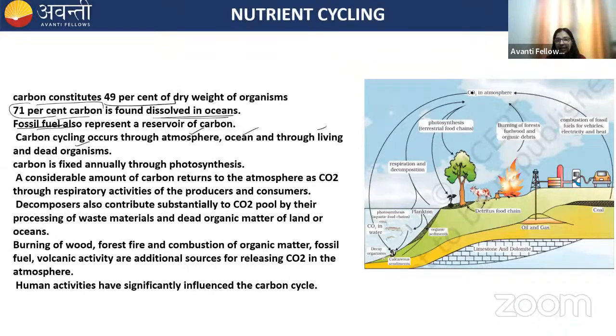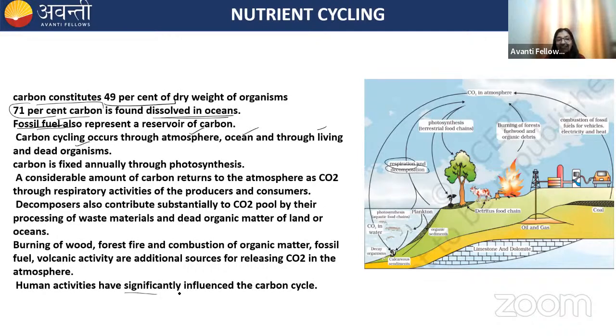As you can see in the image, carbon is released into the atmosphere through the respiratory activities of producers and consumers, and through decomposition. Carbon dioxide is also released when we burn fossil fuels or forests.